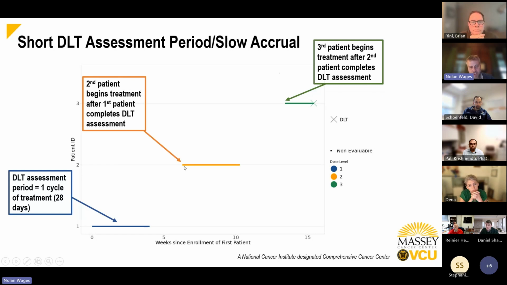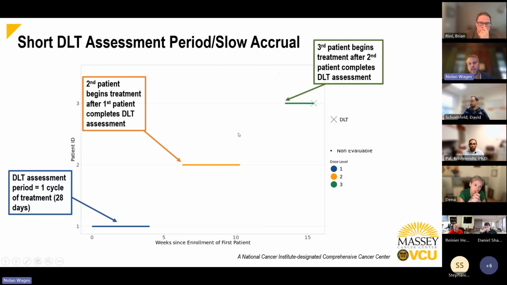Then the second patient comes in on the orange bar, 6 weeks after the start of the trial, and is observed for 4 weeks. And then we have their fully observed DLT evaluation window information.